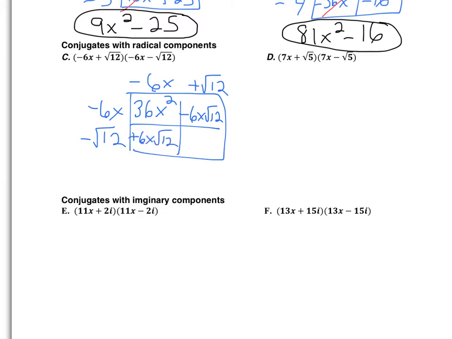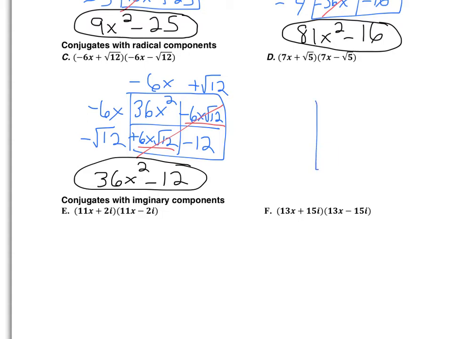And then negative times a positive is a negative. Root 12 times root 12 is just 12. Notice that negative 6x root 12 and positive 6x root 12 add to 0. So we end up with 36x squared minus 12.